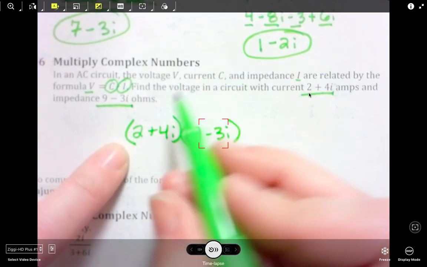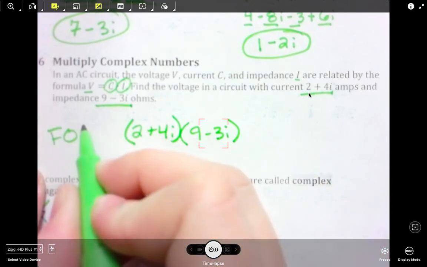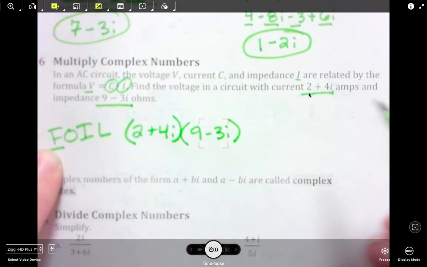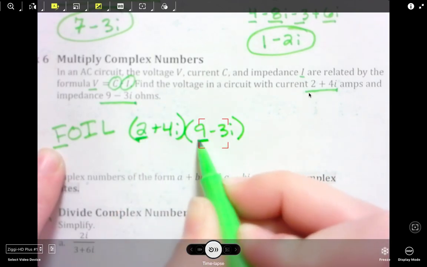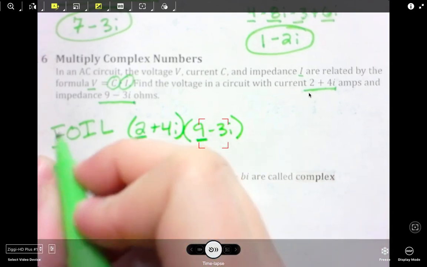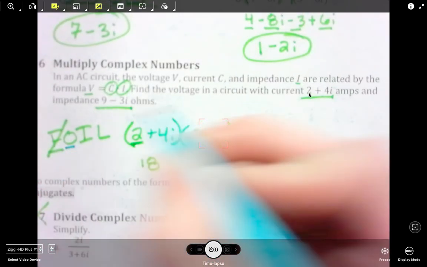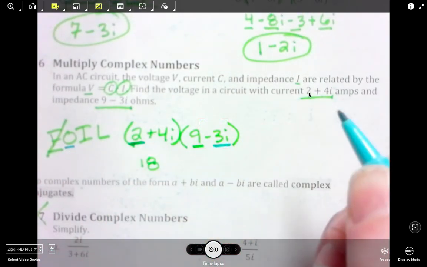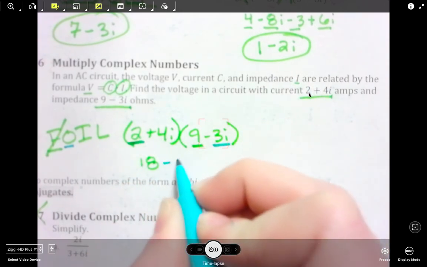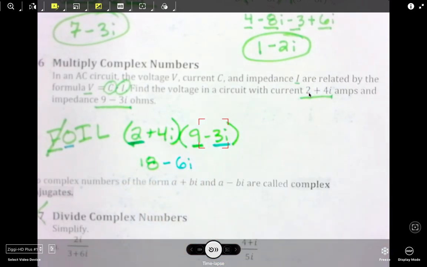So when we do this, we do FOIL. F-O-I-L. The first pieces are 2 and 9. 2 times 9 is 18. That's done. The outside pieces are 2 and negative 3i. 2 times negative 3i is negative 6i. Okay, you treat these just like you do x's. All right.